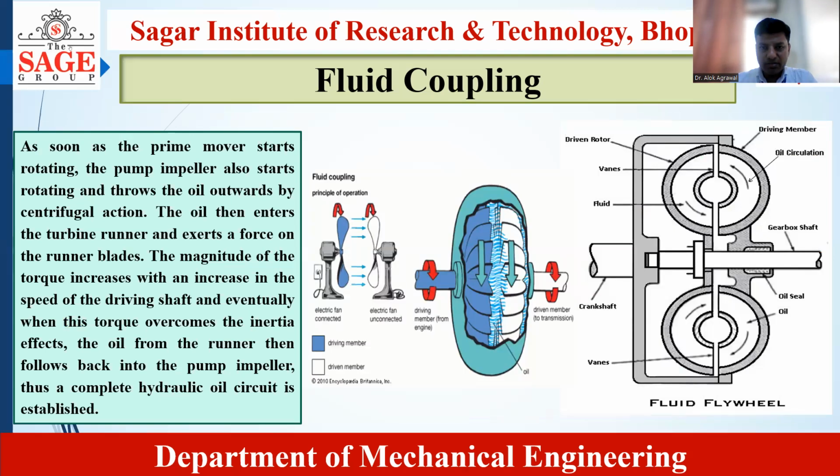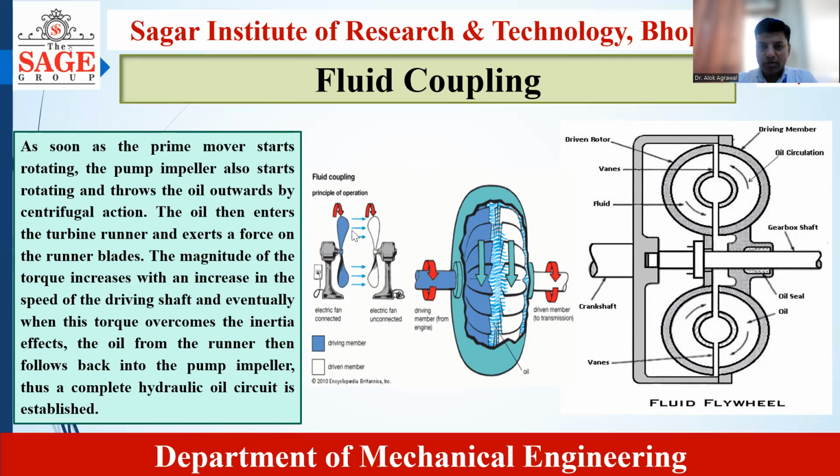So here it can be seen how it works. It can be explained with the help of two fans. The fan in blue color, we have supplied power to it, and it will start rotating. Once it starts rotating, the air in between them gets energized and the air flows from left to right.